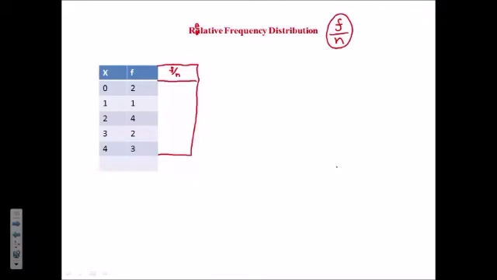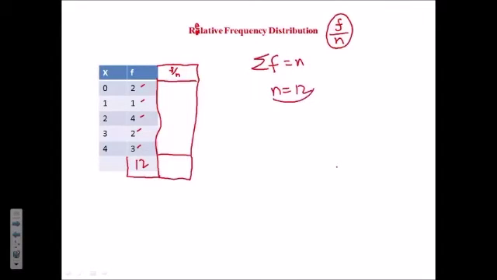So in this case, to get n, we could sum the f column. Remember, the sum of the frequencies is the sample size, isn't it? So 5, 9, 10, 12. So n is 12. So to get the relative frequency, we're going to take the frequency and divide by 12.